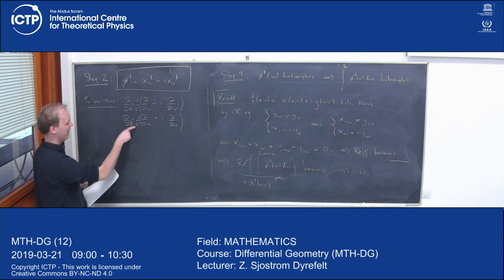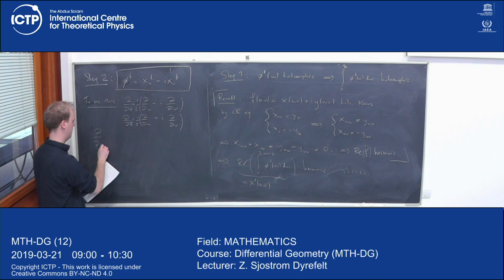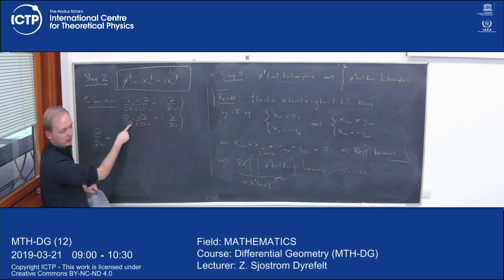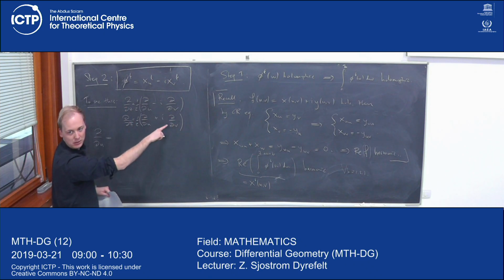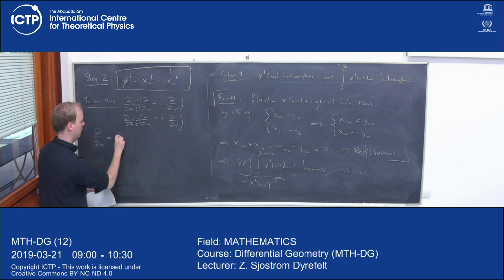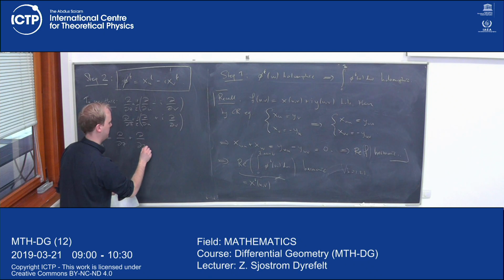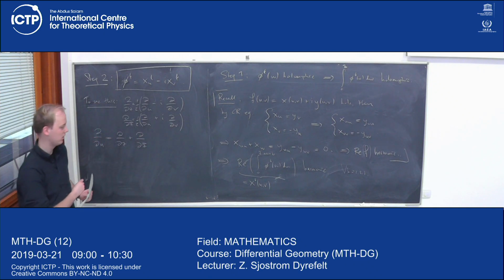Then we put 1/2. Now if you want partial u, you just add this one and this one, then these parts will cancel out, and you get partial u. So it's equal to partial z plus partial z bar.